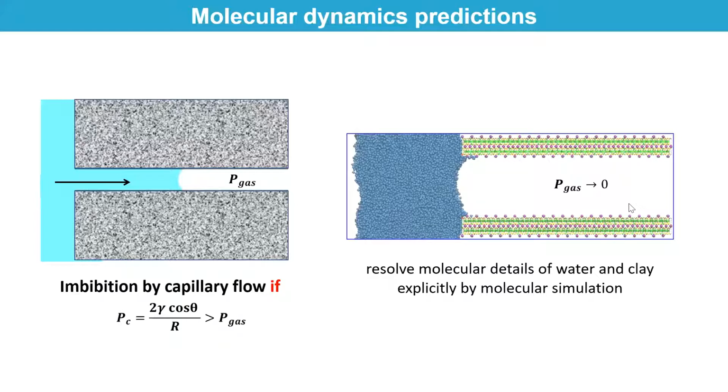The idea here is that we explicitly resolve both the water molecules as well as the mineral pores. In this case, although we are not capturing all the chemistry of the materials involved, we are capturing some chemistry, for example the water molecules' size, shape, the fact that they are dipolar, and the fact that they interact very strongly with the surface of the pore.